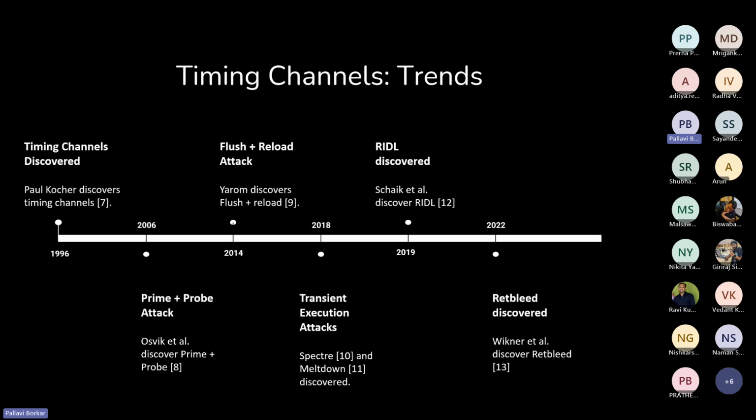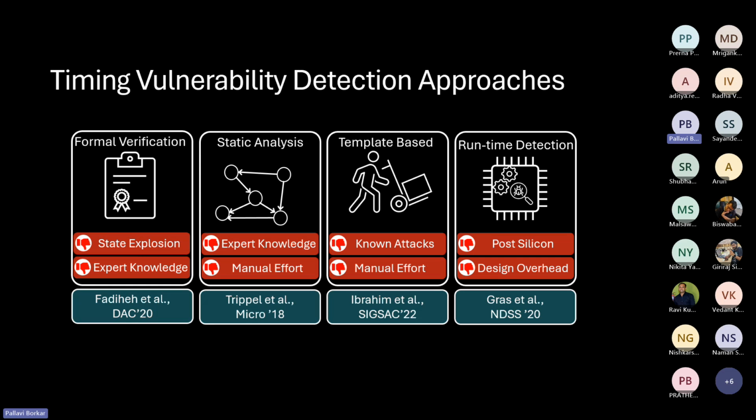Hence, it is essential to detect such vulnerabilities within the processor design before it is actually fabricated to ensure the security of the data. Existing works for such timing vulnerability detection can actually be divided into four major categories according to the method used. These categories include formal verification, static analysis, template based, and also runtime detection.